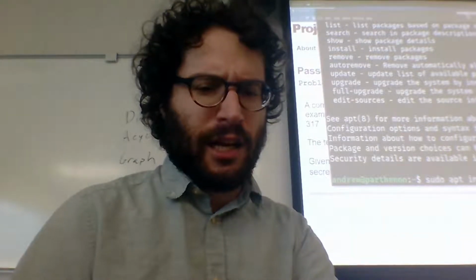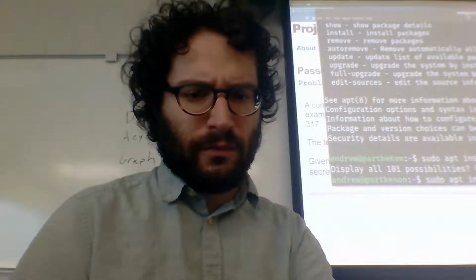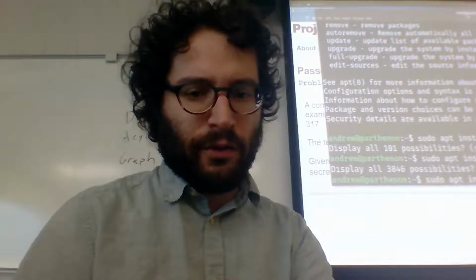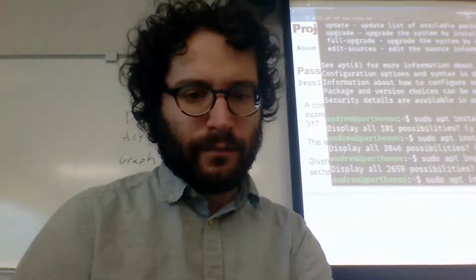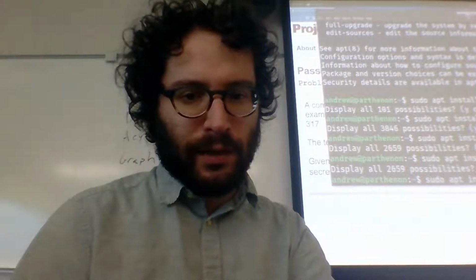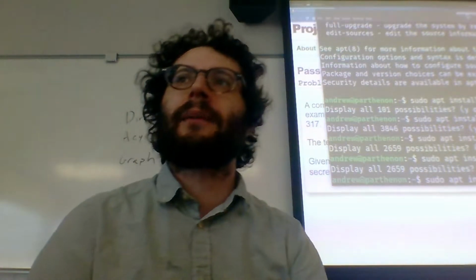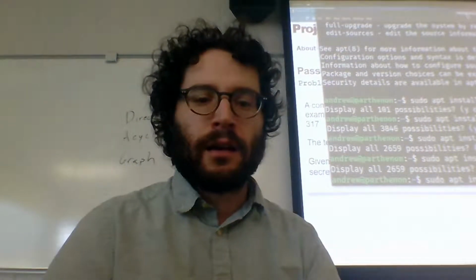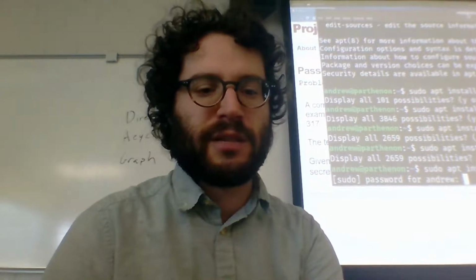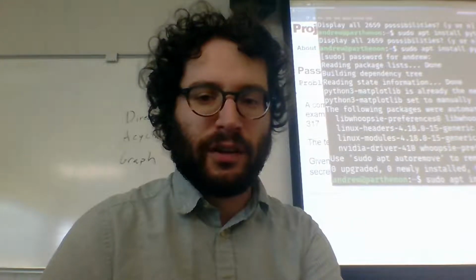Let's go ahead and install, let's see, do I have NetHack on this? Actually, let me see. Python 3 matplotlib. Okay, so let's say I wanted to install a specific Python library on my computer, right? I tell it to install it. And then what it's going to do is run through the dependency graphs and say, hey, okay, it says I already have it. So boom.